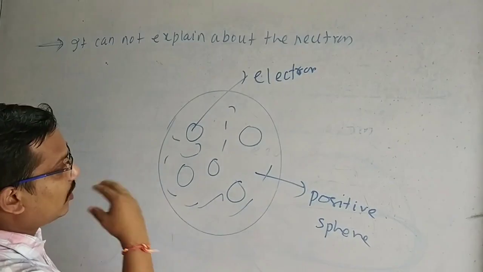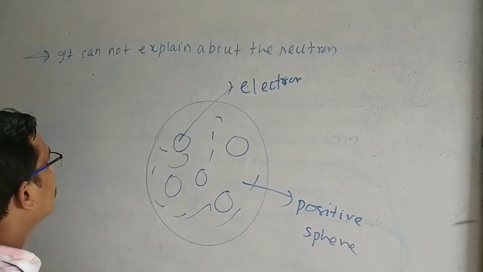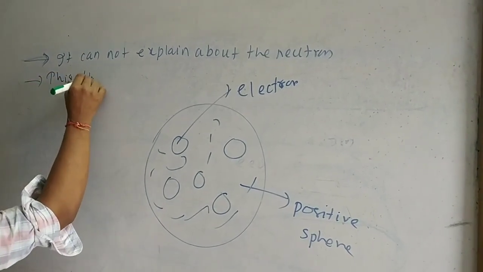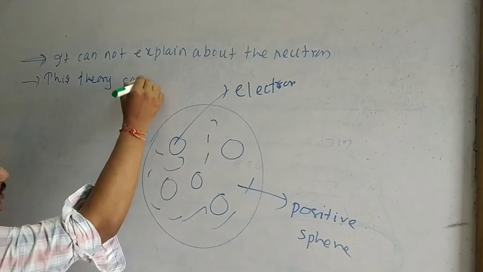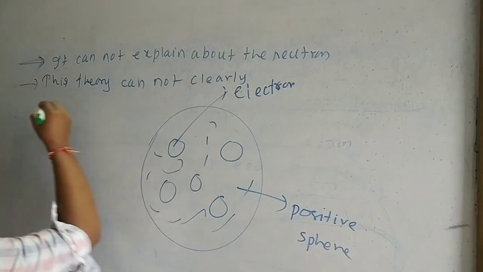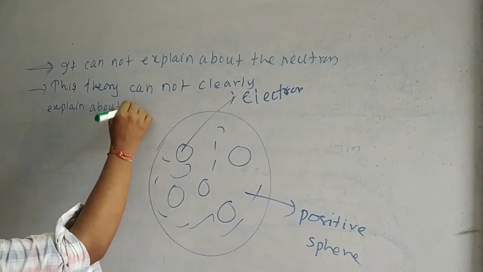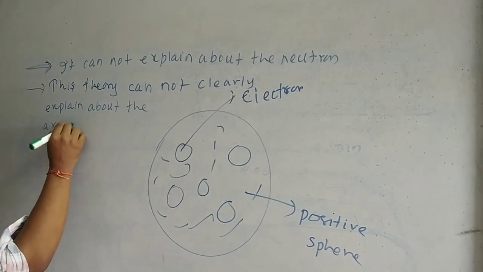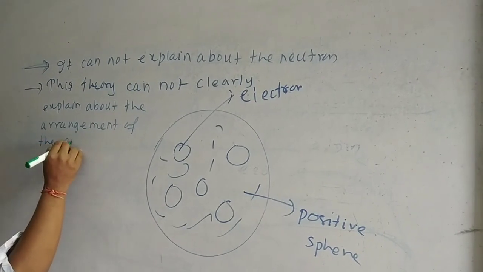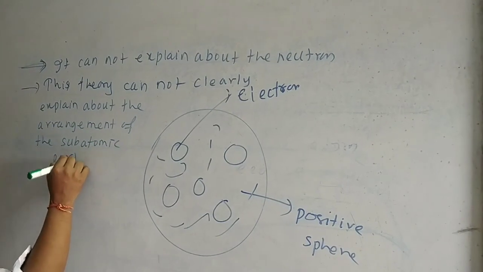But Thomson's model does not explain such a concept. So we can write this theory cannot clearly explain the arrangement of the subatomic particles.